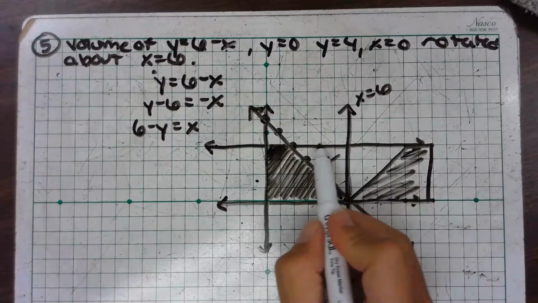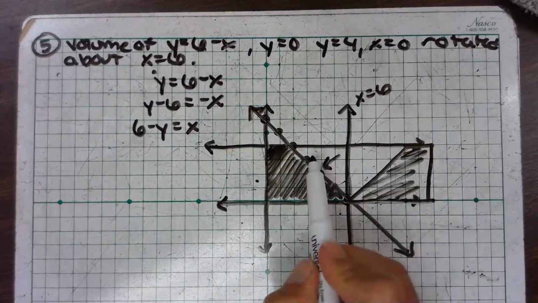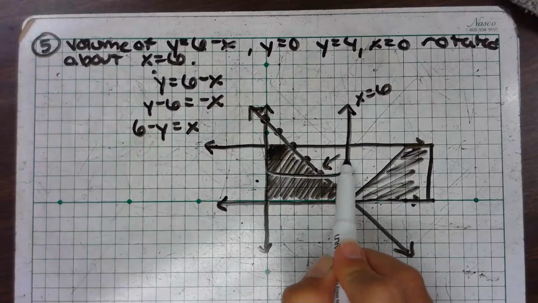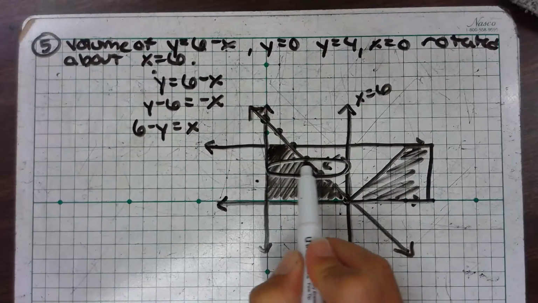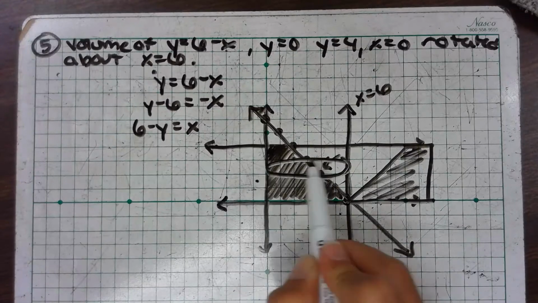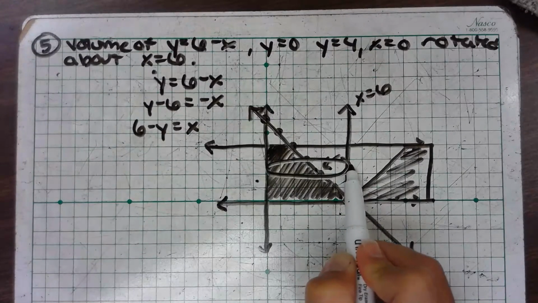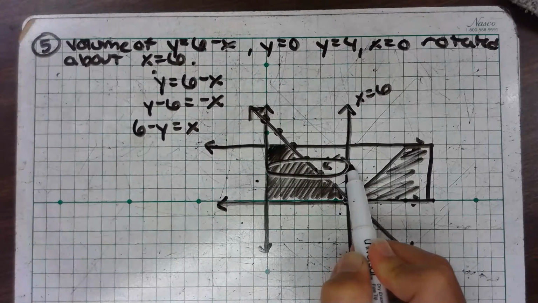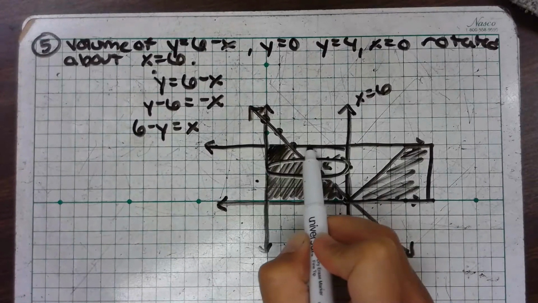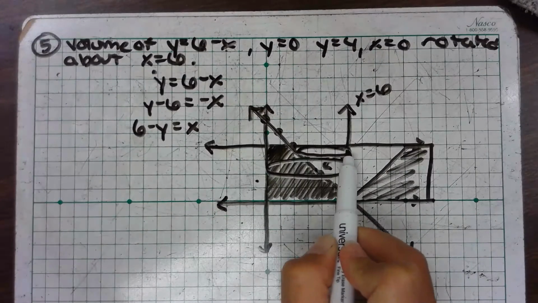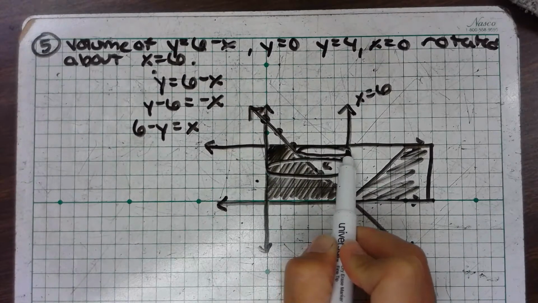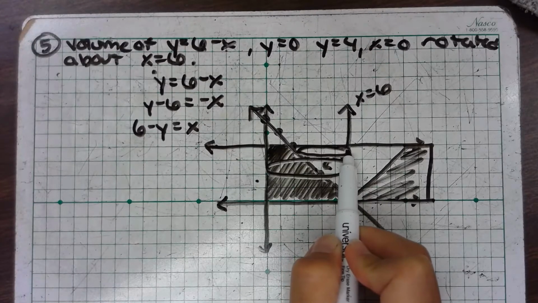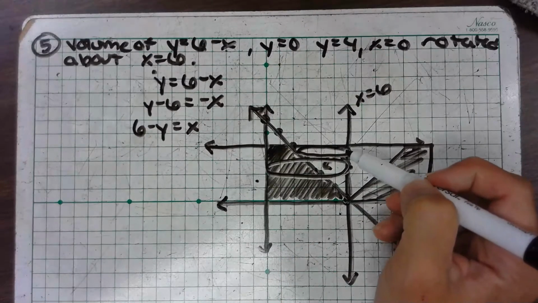Okay. Or if you want to think of it this way, I'm doing the big radius right here. Okay, the big radius is going to be from this line to that line right there. And then the small radius is going to be from your line here to the axis of rotation. Okay. Now, but again, I'm doing it from right to left.